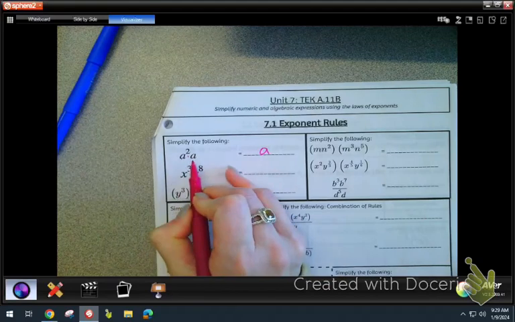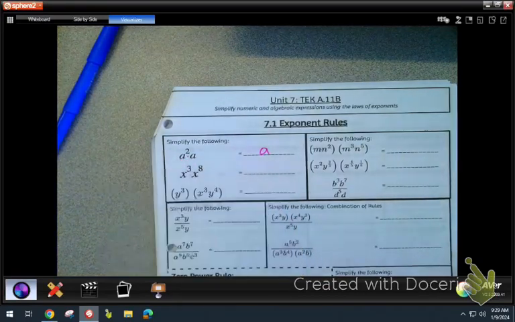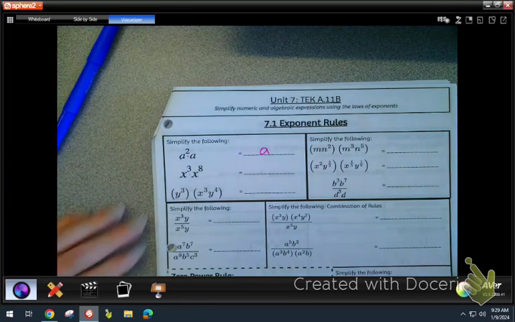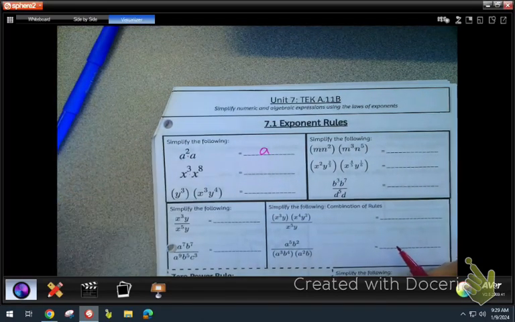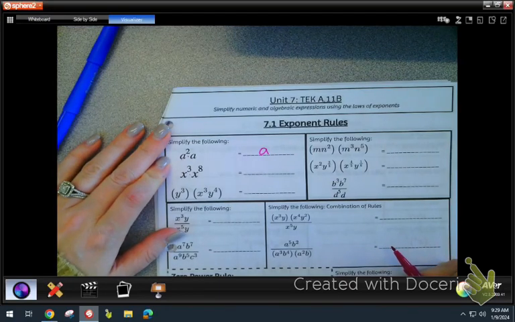Now this first problem I actually think is kind of tricky. What's the exponent of the first A, Braden? 2. What's the exponent on the second A, Mohammed? Is there one there? What is it implied to be if there's not an actual different number floating up there? 1.